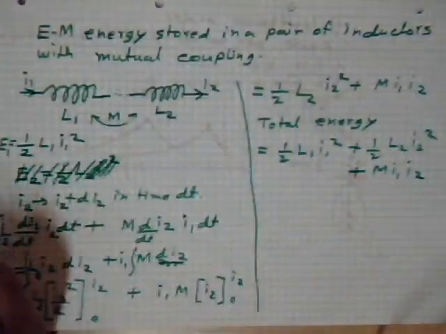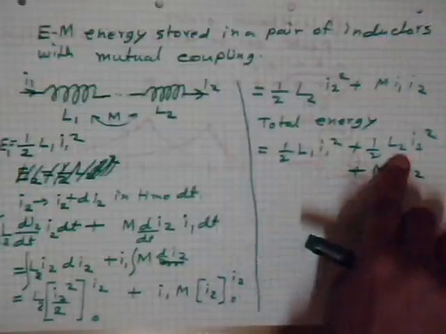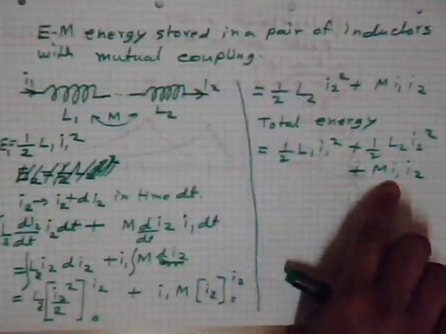How do we justify that? See, this quantity is always positive, this quantity is always positive, so in that case this quantity has to be negative, so M has to be negative.